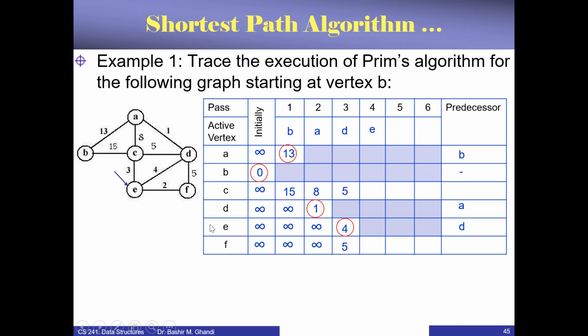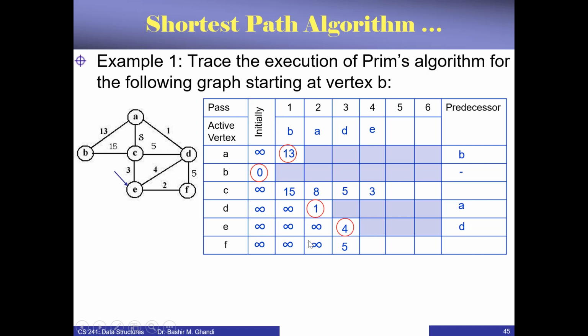So E is the next active vertex, and we're going to position ourselves at E and ask where can we reach from E. Obviously you can reach C. C is still not finalized, and incredibly we still have another smaller value. See, the value changes from 15 to 8 to 5 and now 3.